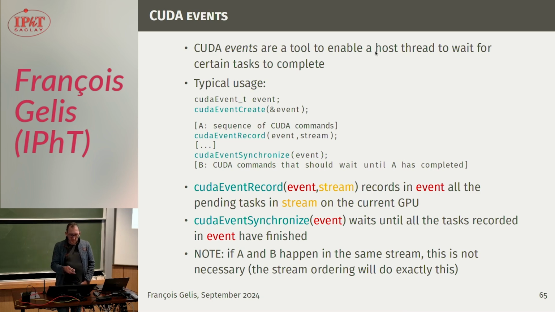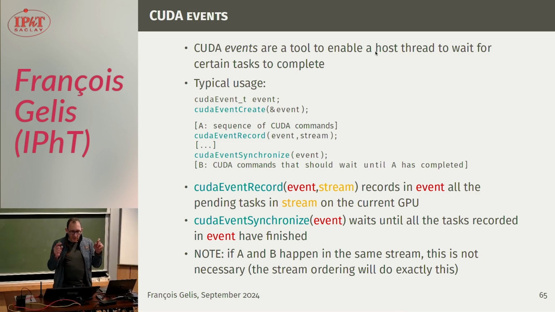The typical usage is that you define a variable of type CUDA event, and this is just an empty handle when you do this. Then you call the function cudaEventCreate that will initialize this event. An event is not just a number, it's a structure that contains various information about CUDA tasks still in the queue.